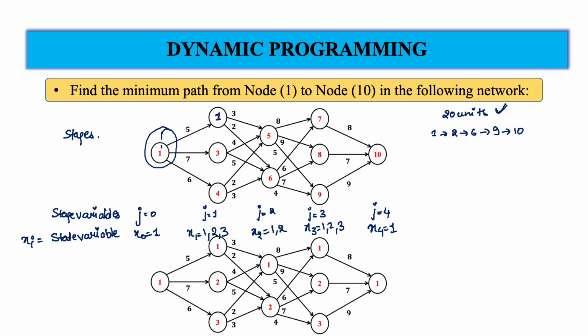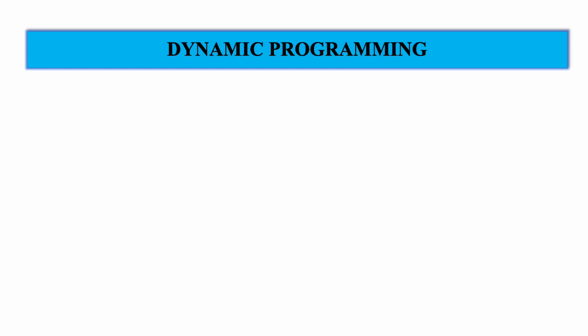So we have distributed the entire network into stages and subdivided it into states. This is a simple example of how we can solve any complicated network using dynamic programming: we divide the problem into stages, and corresponding to each stage we have its state variable.